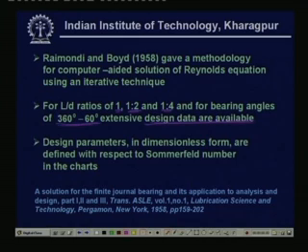These design parameters in dimensionless form are defined with respect to the Sommerfeld number in the charts. Raymond and Boyd have prepared different charts depending upon various design parameters, and once you consult the chart, we get the idea of the design.